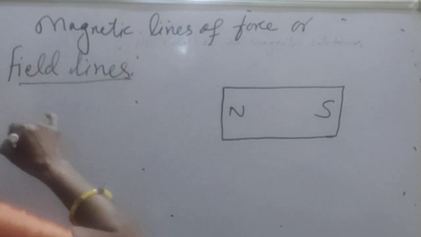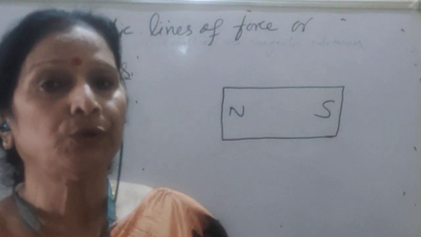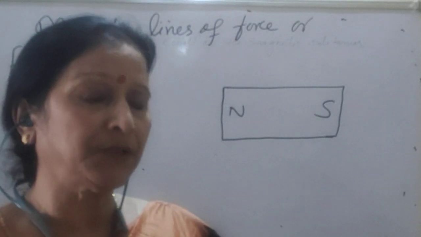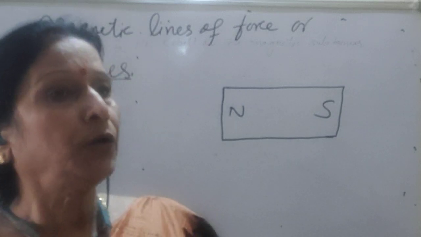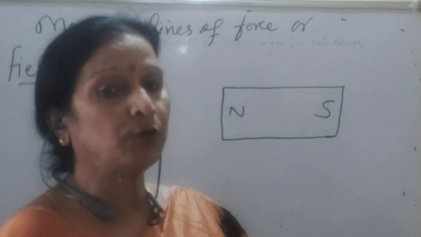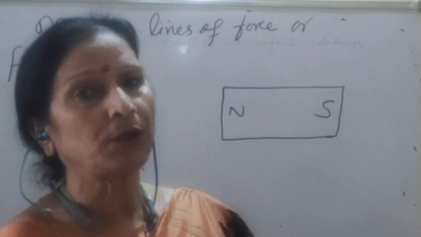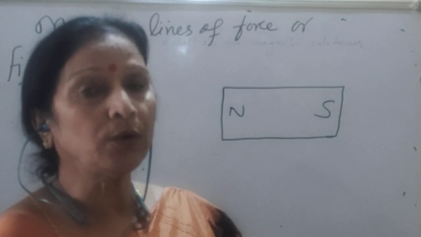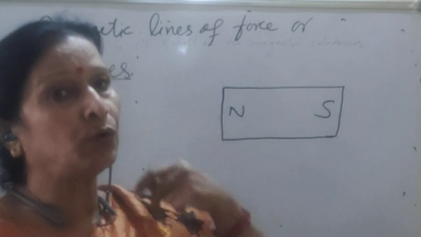After explaining this, I'll show you an activity. After this video, you will see the next video in which I will show you the magnetic line of force by doing an activity. That will make your concept more clear.